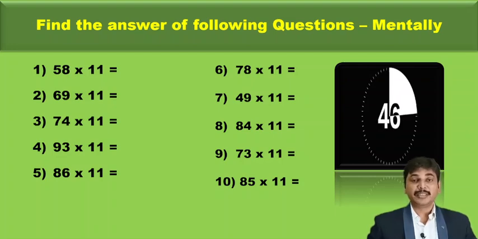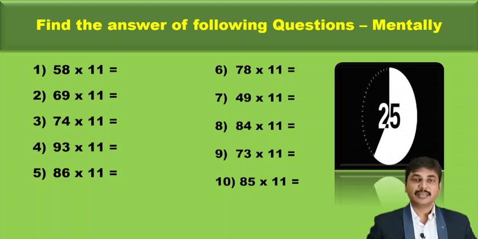This is a super easy method, my dear friend. 30 seconds over, half the time over. Those who completed all 10 questions in 30 seconds, they are moving at super fast speed.